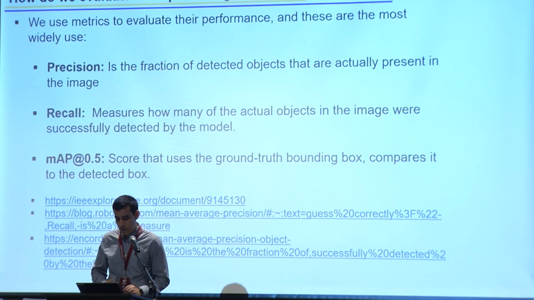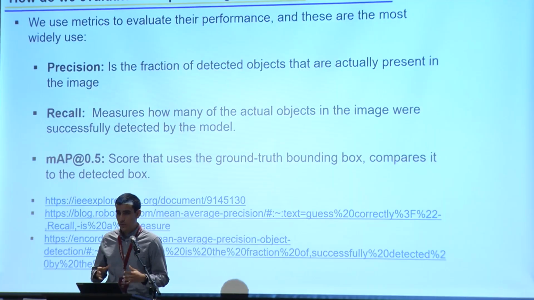Precision is the fraction of detected objects that are actually present in the image. Recall measures how many of the actual objects in the image were successfully detected by the model, and the mean average precision is just a score that uses the ground truth bounding box and compares it with the inferred detected bounding box.